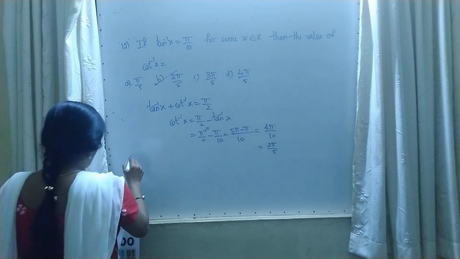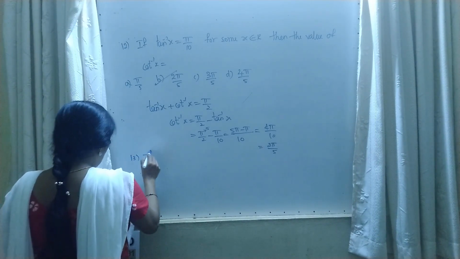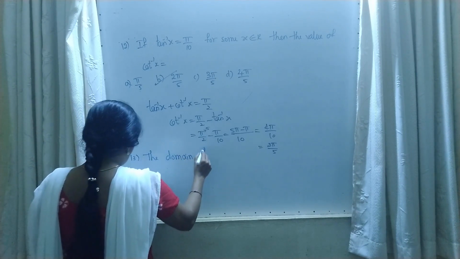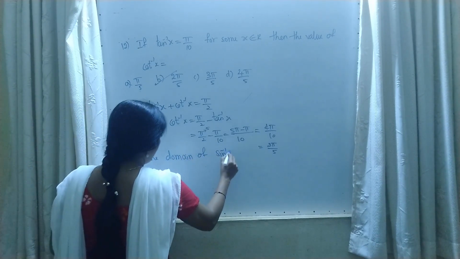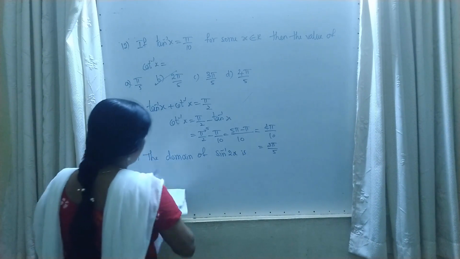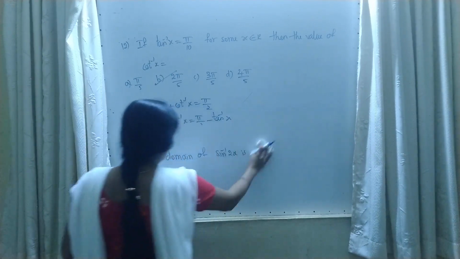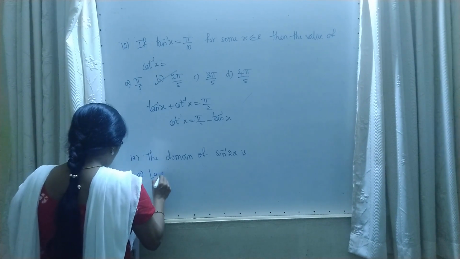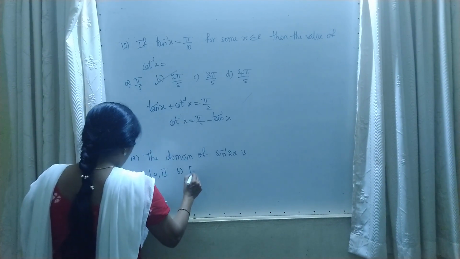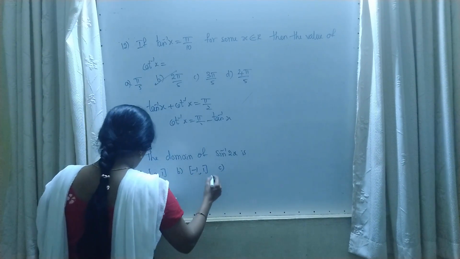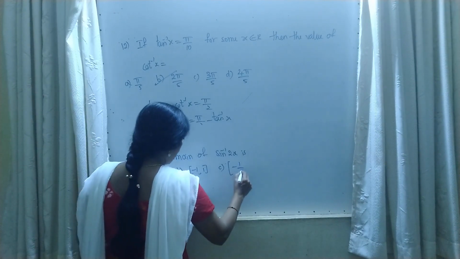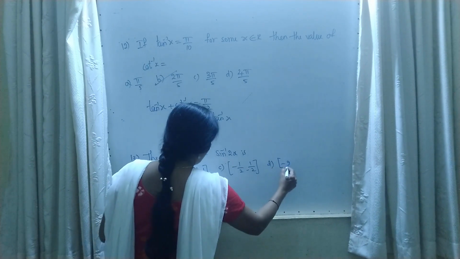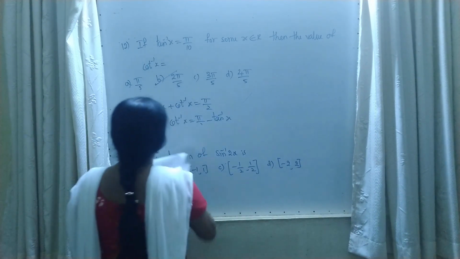Next, the domain of sin inverse 2x is: 0, 1; minus 1, 1; minus 1 by 2, 1 by 2; next, minus 2, 2.